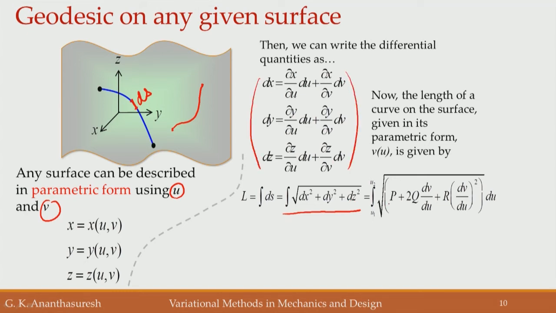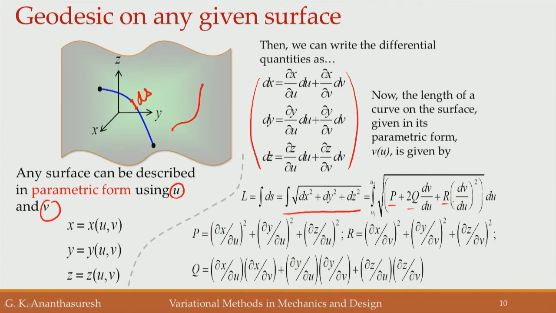If you do that, you get some p, q and r. If we are wondering what those are, this is how they look: p equal to something, q equal to something, and r equal to something. So, this is how we get this integral.